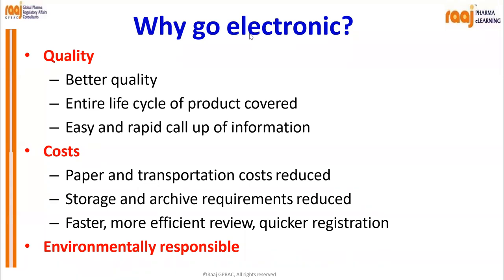So just imagine how many papers and courier charges and everything used to get invested, and of course the cost. So the transportation cost, the paper cost, everything was saved only due to this electronic system.